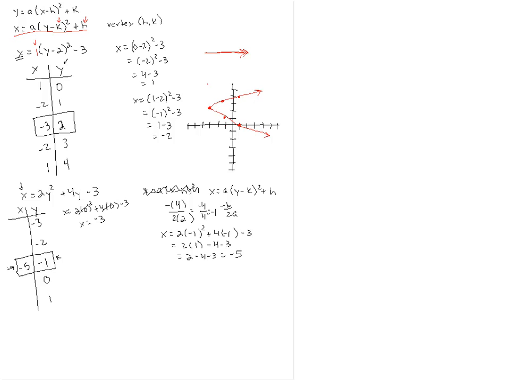So I can do this one because I know that'll be that, right? So I'll choose the 1. X equals 2 times 1 squared plus 4 times 1 minus 3. So that's 2 times 1, which is 2, plus 4 minus 3. So 6 minus 3 is 3. All right. Now we can graph it.